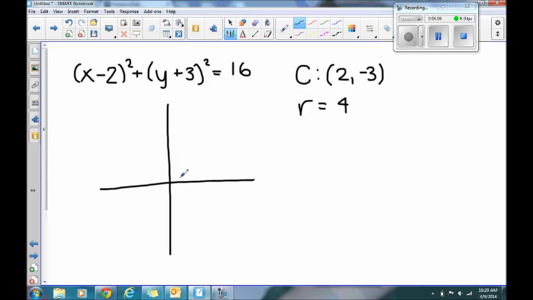If we go to the point (2, -3) and think about that as our starting point, I know I need to go 4 units up, 4 units down, 4 units left, and 4 units right before I connect the dots and sketch a graph of my circle. Make that look like it's really 4 units in every direction.